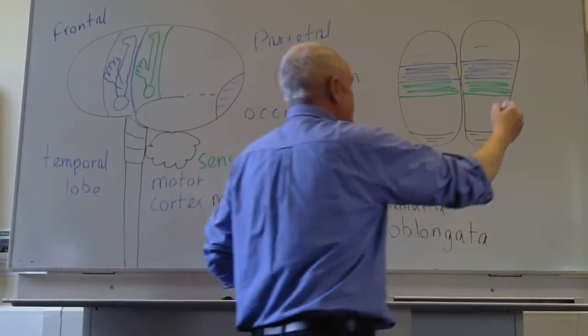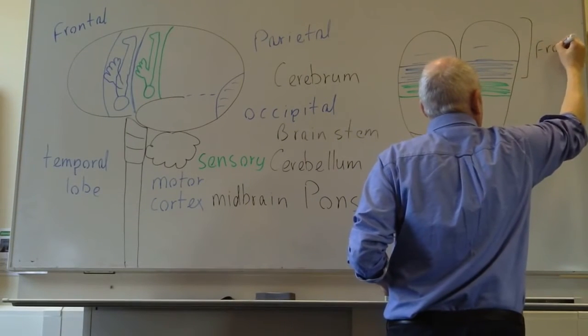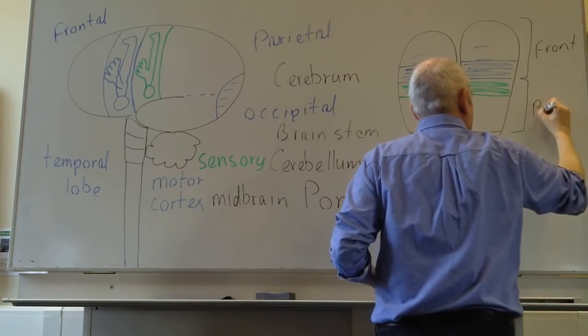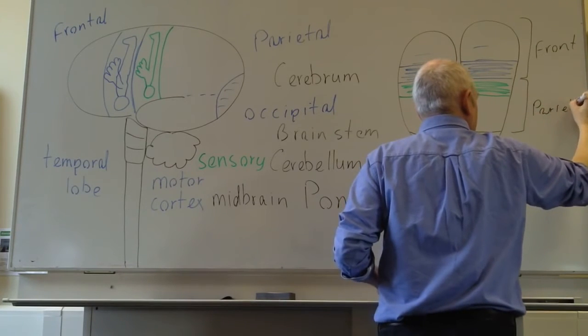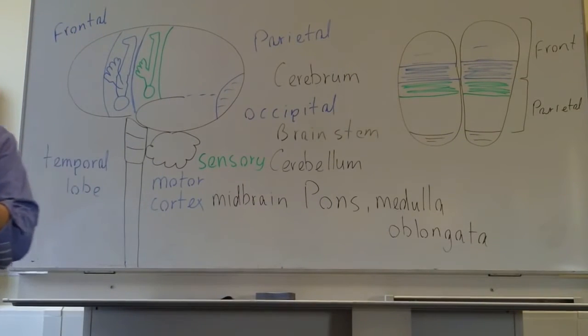So that bit there is the frontal lobe, and that bit there is the parietal. So the motor cortex is in the frontal, the sensory cortex is in the parietal.